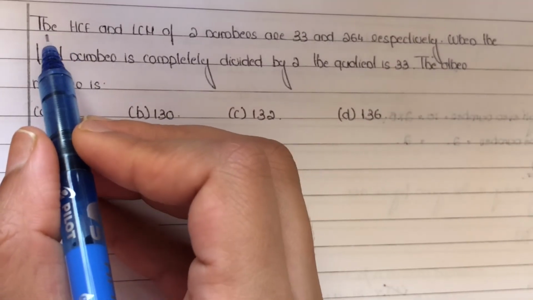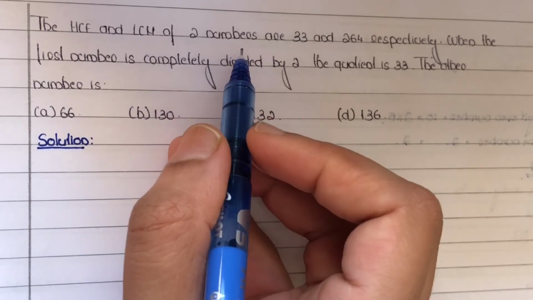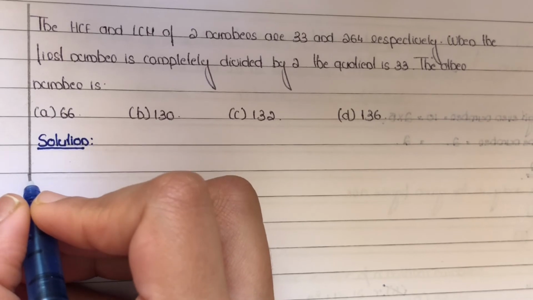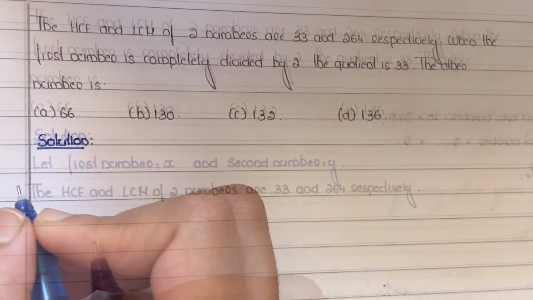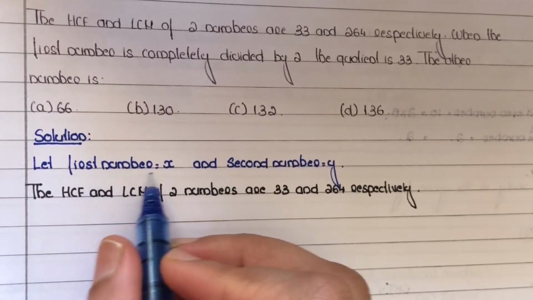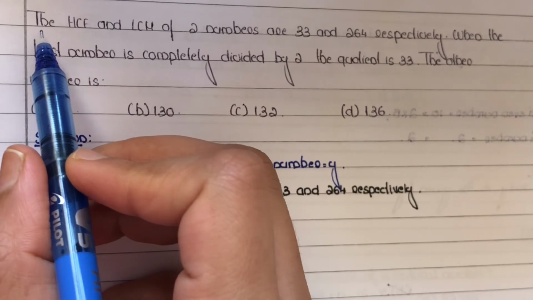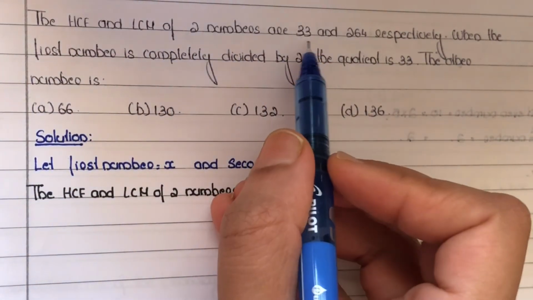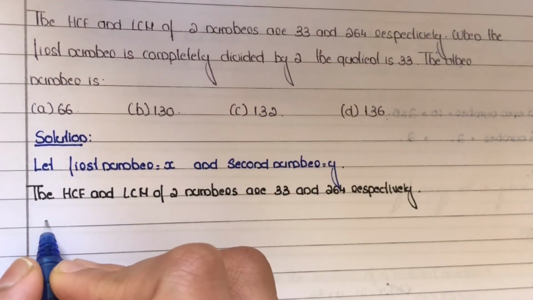The first line says the HCF and LCM of two numbers are given, but the two numbers are not given, right? So first step, let x be the first number and y be the second number. Now consider the first line: the HCF and LCM of the two numbers are 33 and 264 respectively.